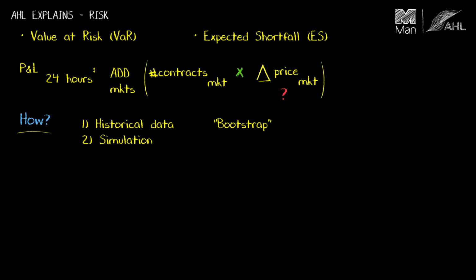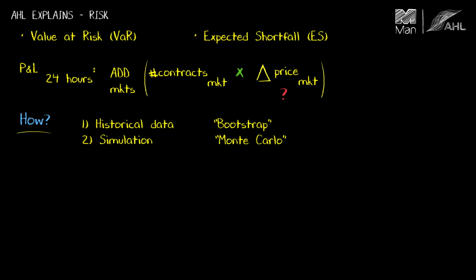But the advantage of this method is that it can generate values that are more extreme than any you've observed in your historical data. So neither of these is ideal. They have advantages, they have disadvantages. If you want to see more information about what underpins the simulation approach, then look up Monte Carlo.